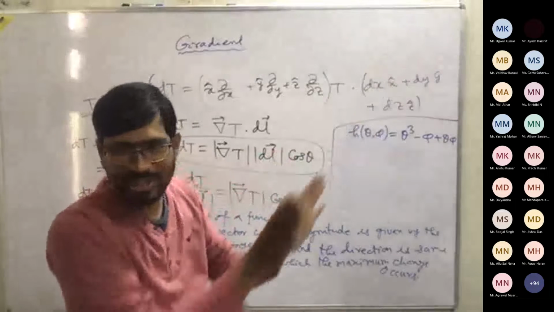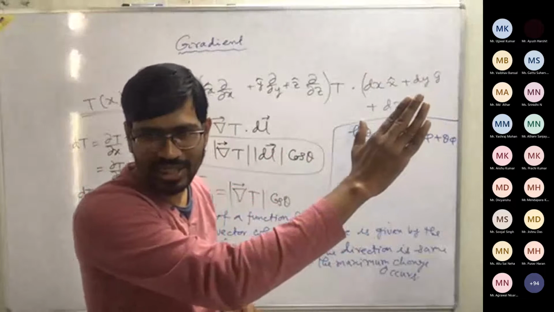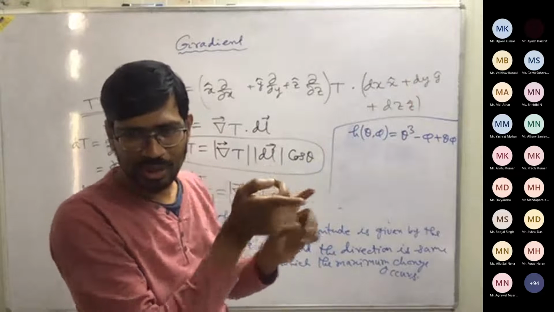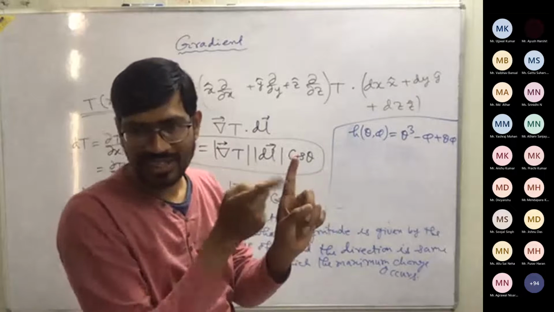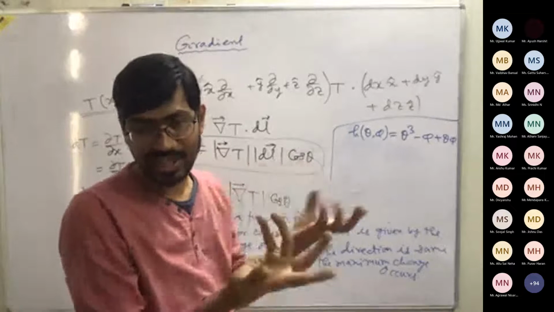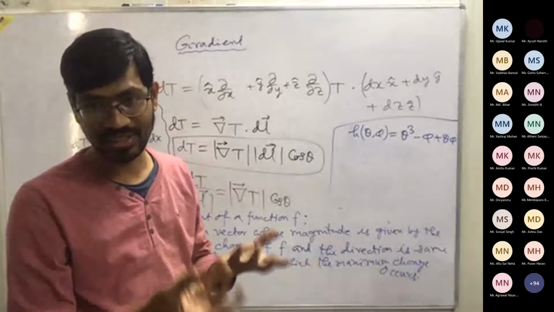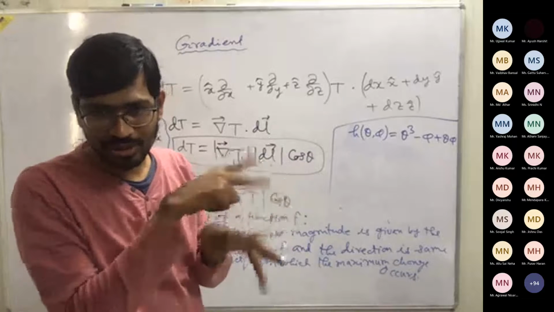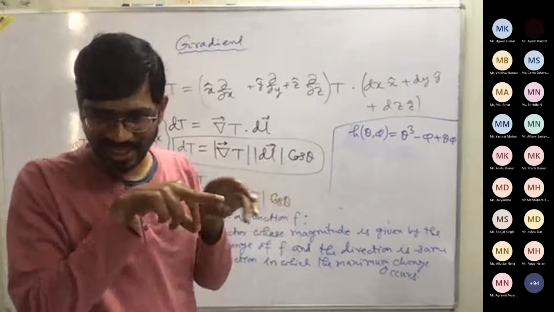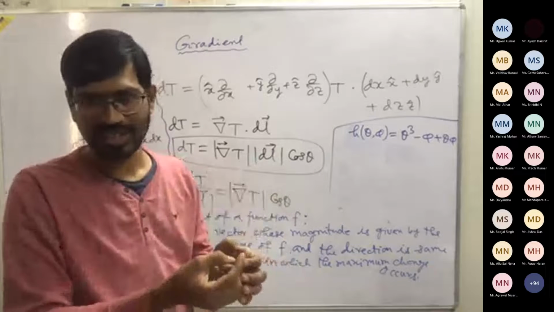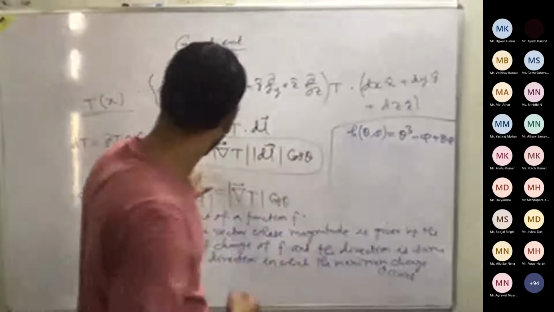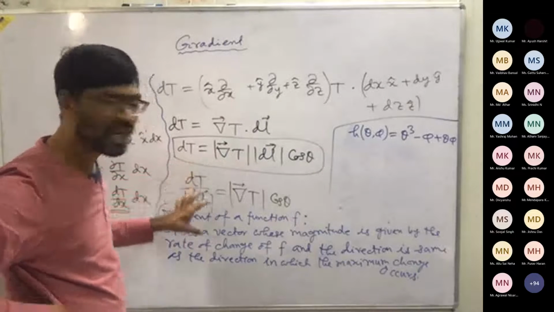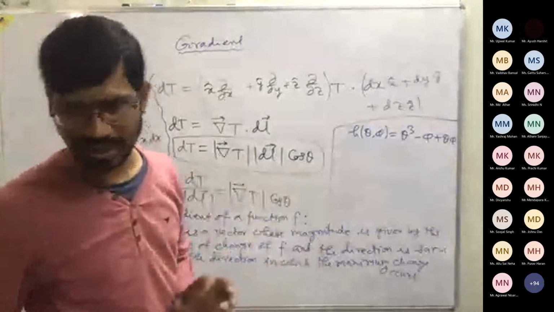Let's say there is a mountain on this side, so the height will increase in this direction. If you go perpendicular to that direction, the height will not change. So in different directions the rate of increase of height will be different, and the gradient of this function essentially gives how rapidly the quantity changes.